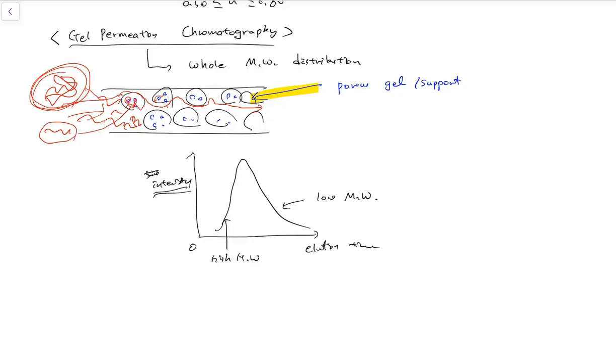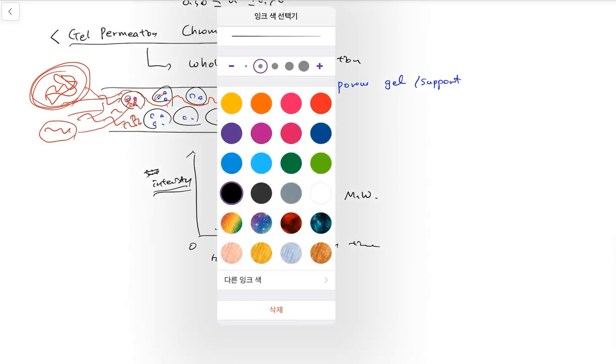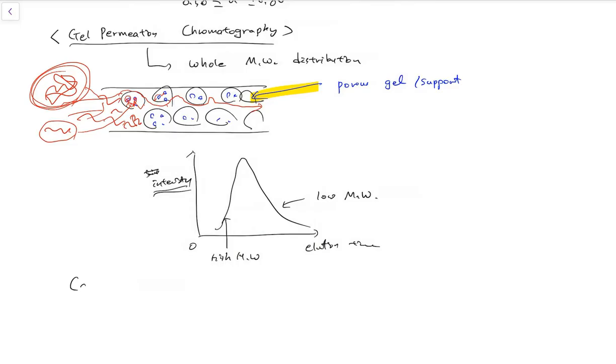And I already mentioned that gel permeation chromatography, or GPC, is a method which can determine relative molecular weight. The meaning is that we first need to have a calibration curve with known molecular weight, basically monodisperse standards, and then we run the real sample solution, and by comparing the elution time, we can determine the molecular weight of the specific sample.